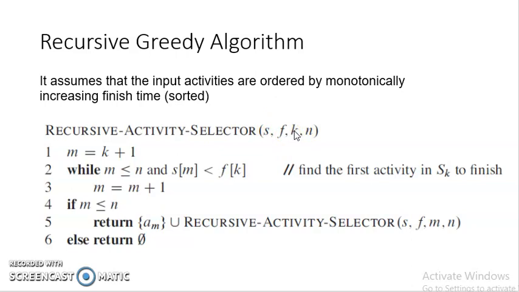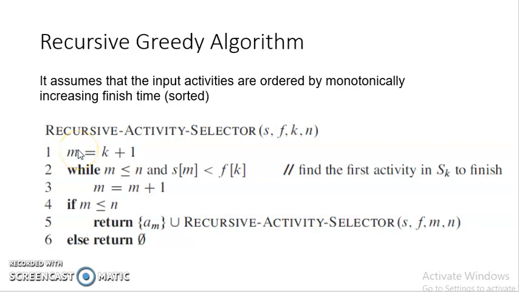When you are starting, this is the first activity because you have sorted your list of activities in increasing order of the finish time, and in the greedy algorithm you'll pick the first activity as your first scheduled activity. So k is 1 at the start and n is the total number of activities.